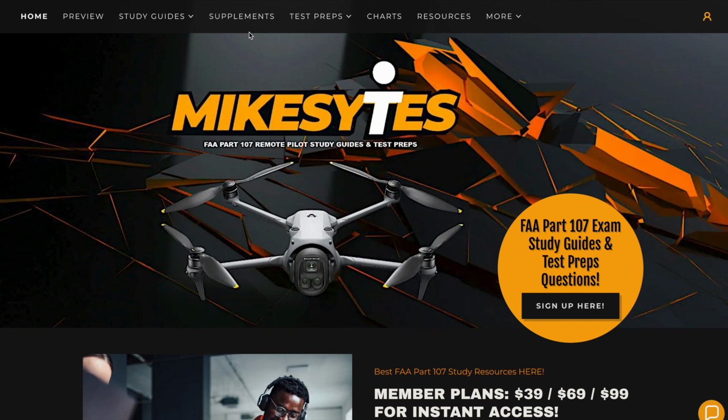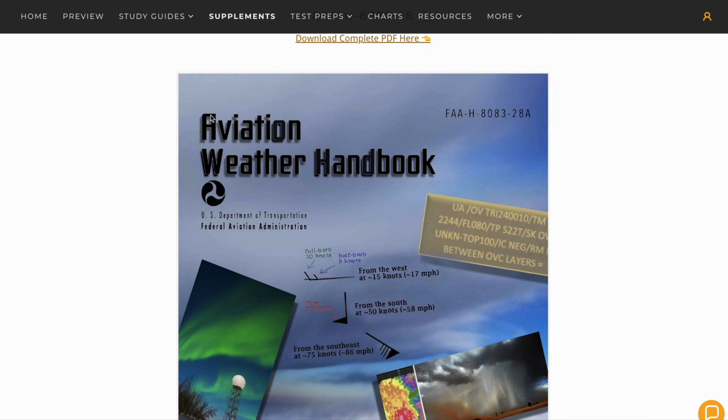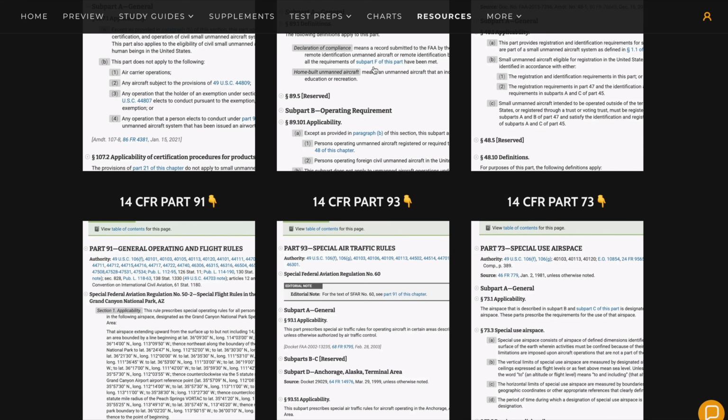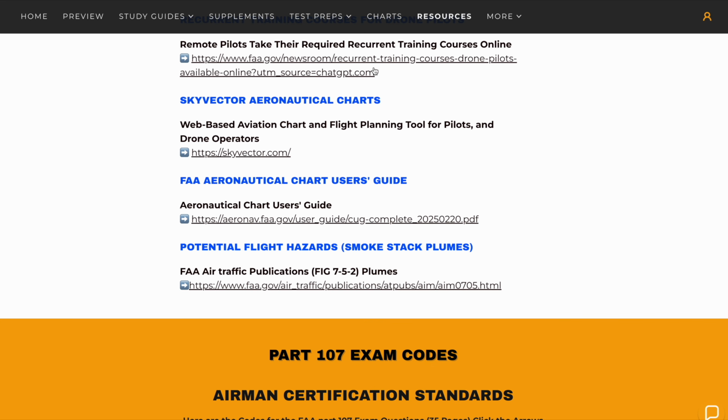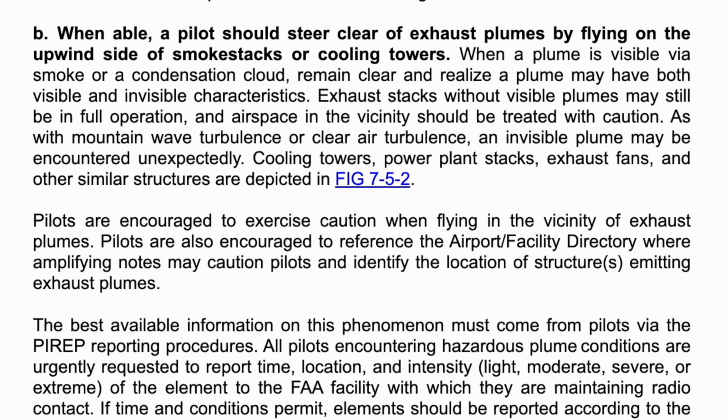Now, the FAA also has some information on plumes in their Potential Flight Hazards publication, and you'll be able to look through it. Just click on the Resources tab on my website. What they're saying here is that a pilot should stay clear of exhaust plumes when flying on the upwind side of a smokestack or cooling tower.